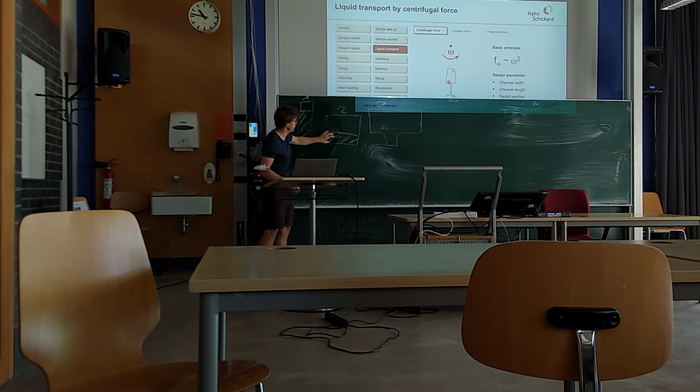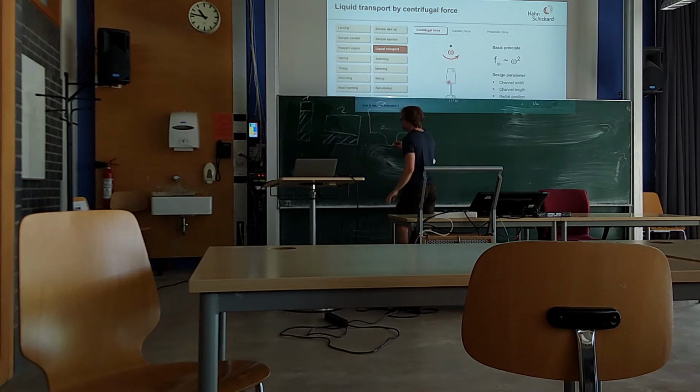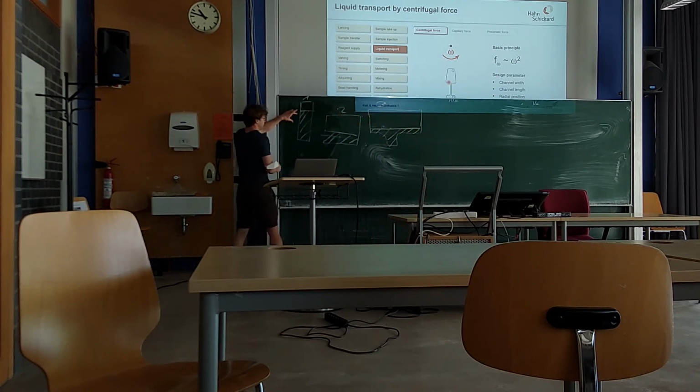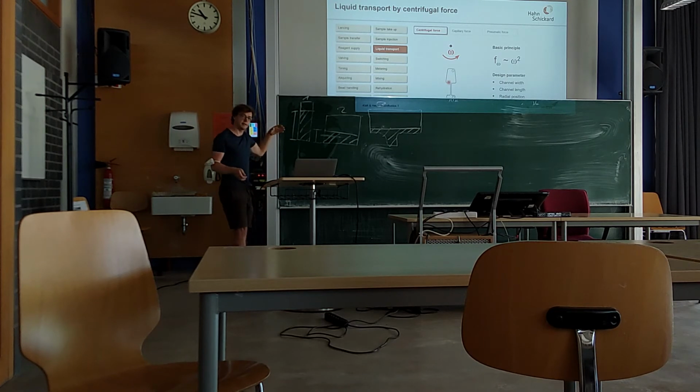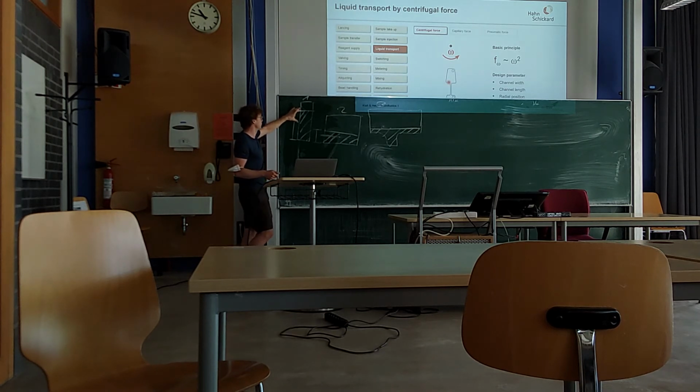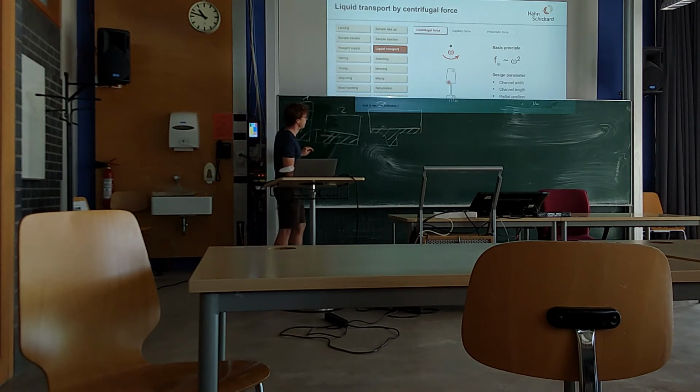So if we have approximately the same area here, here, and here, then you can already see that the liquid column is much larger here, so you have a larger distance in radial direction. And that automatically means, if you think back to the pressure equation, that you will have a higher pressure originating from this liquid column than from this liquid column.